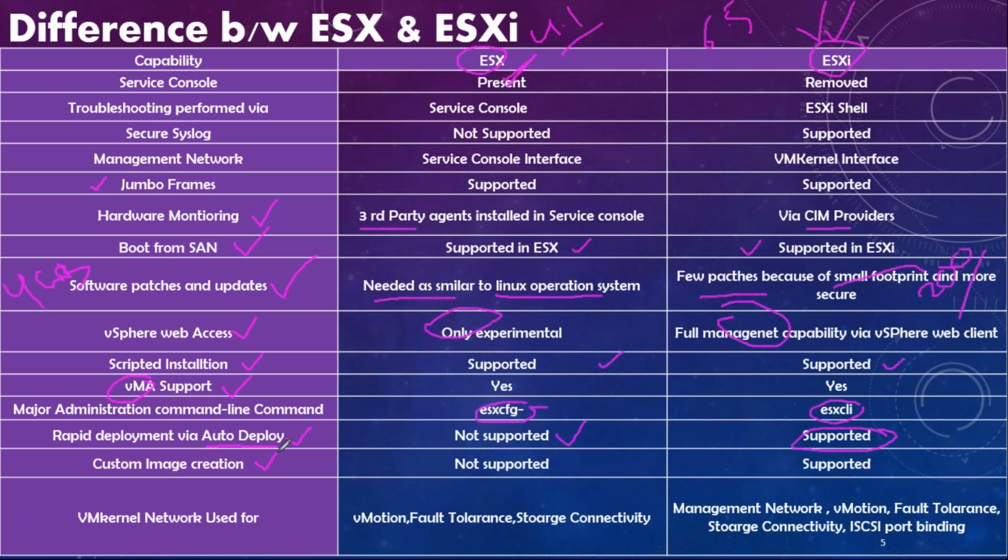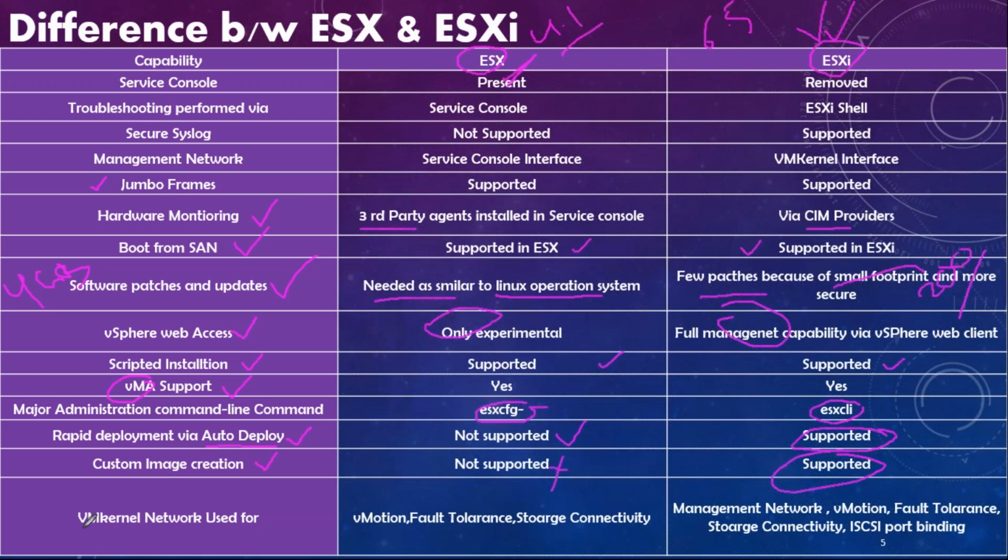You can certainly have those drivers put into the ESXi image, and when you install the image along with the operating system, your drivers also get installed. To have such an environment, you can do a custom image creation that is supported in ESXi but not in ESX.